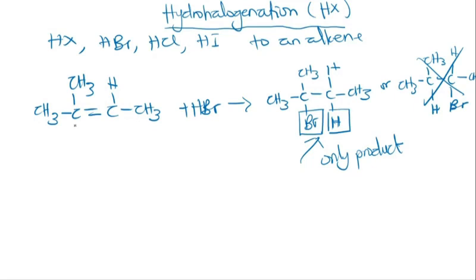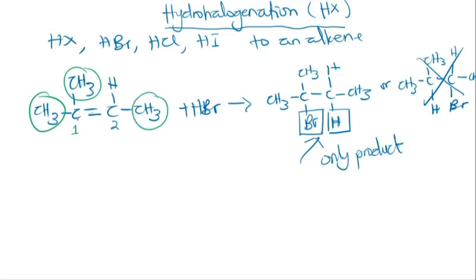If we look at these carbons, we have carbon 1 and carbon 2. Let me use another color for this illustration, green. We can see that carbon 1 has 2 alkyl groups, 1 and 2, while carbon 2 has only 1 alkyl group.